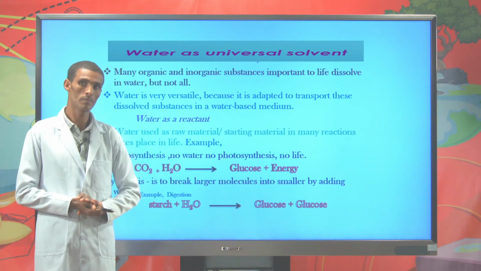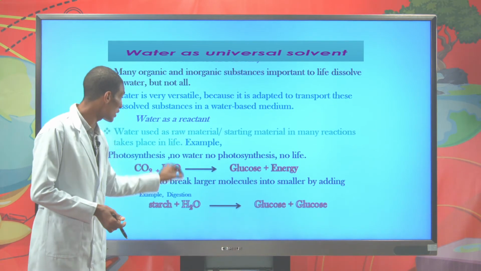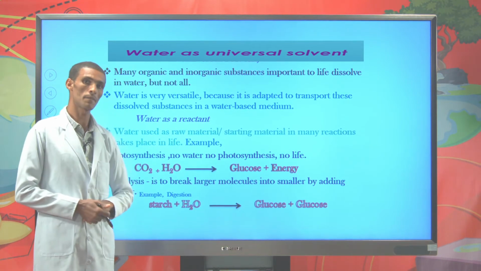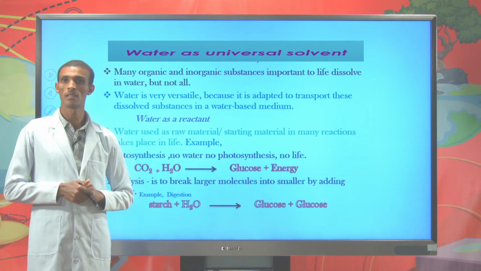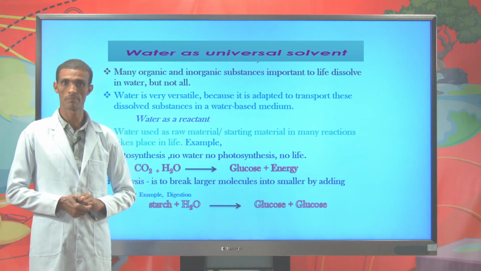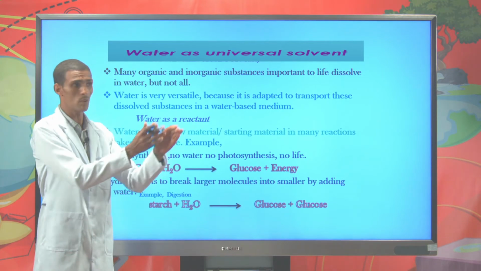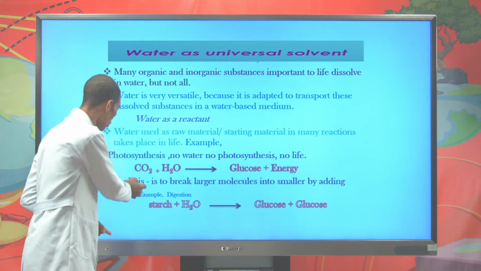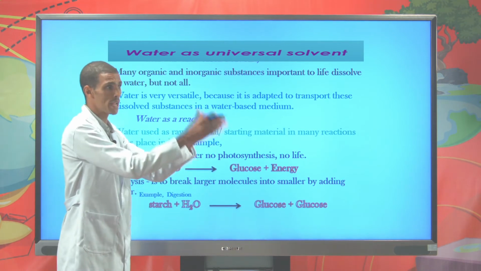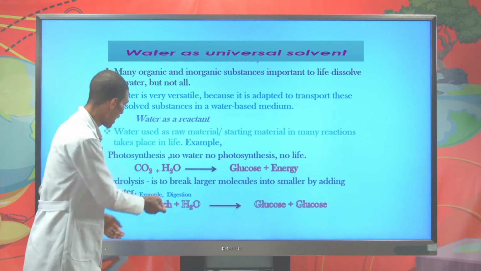So, one factor that determines the rate of photosynthesis is the amount of moisture or water present. Notice this one: water is very important in the process of digestion. Larger molecules are broken into smaller ones by hydrolysis, splitting or breaking down by adding water.